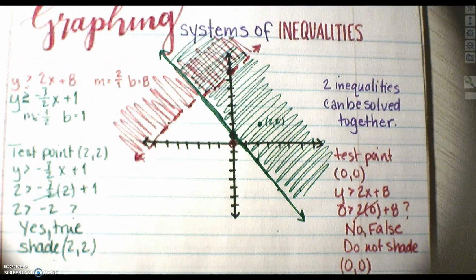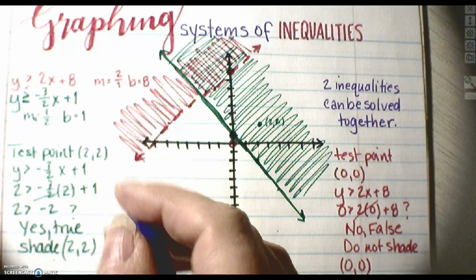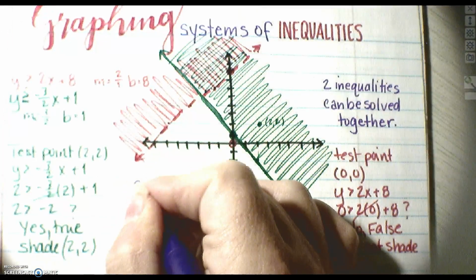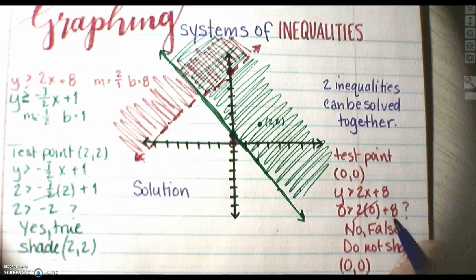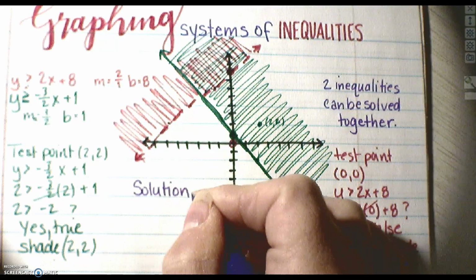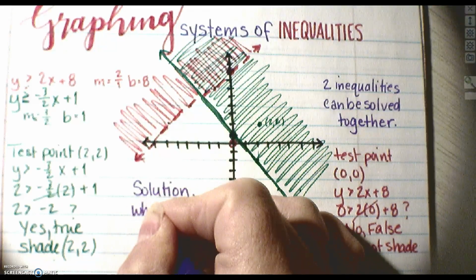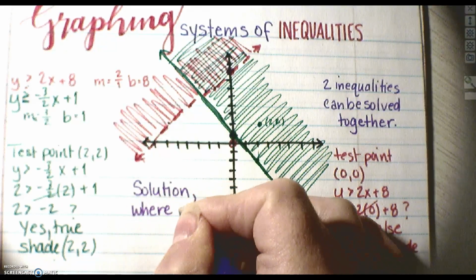Okay. Now, where is the solution? Well, just like when we're solving a system of equations, where the solution is where the two lines intersect, the solution, in the case of an inequality system, is where the graphs overlap.